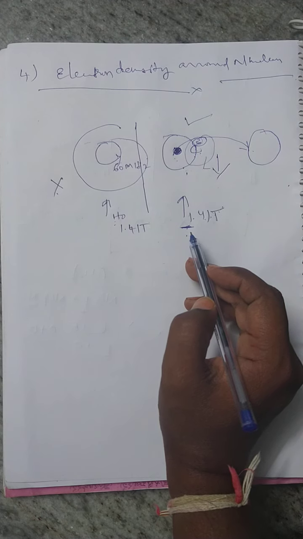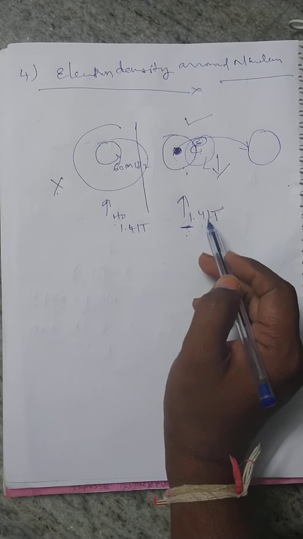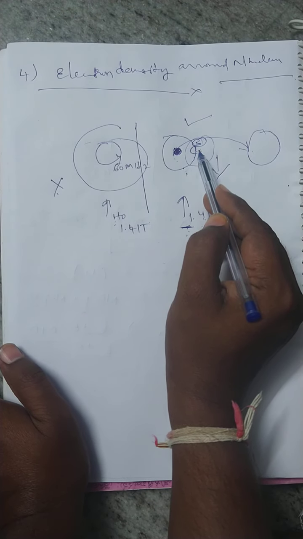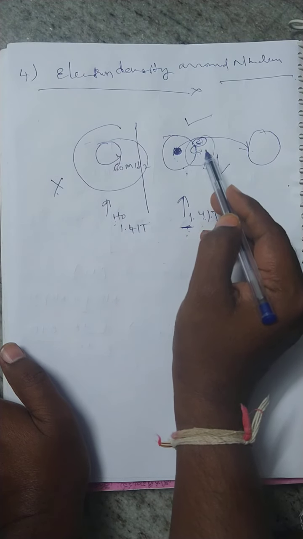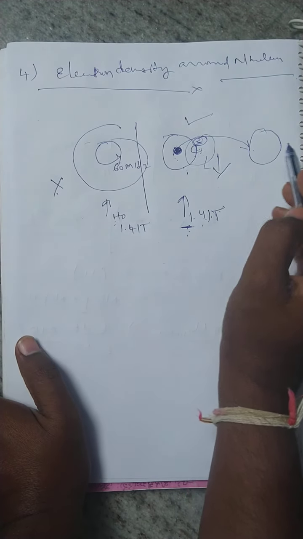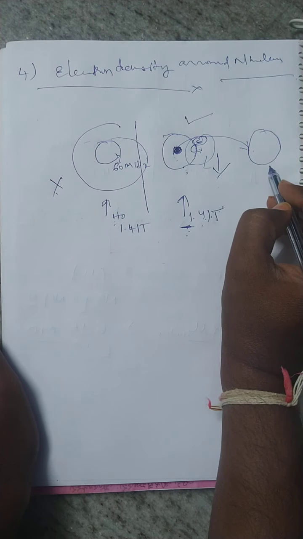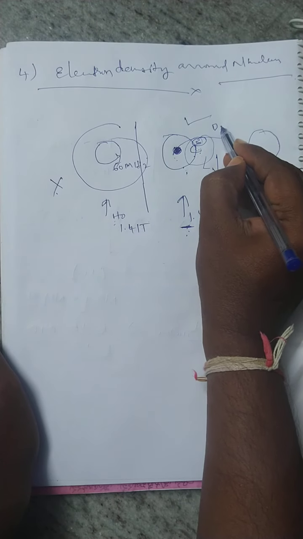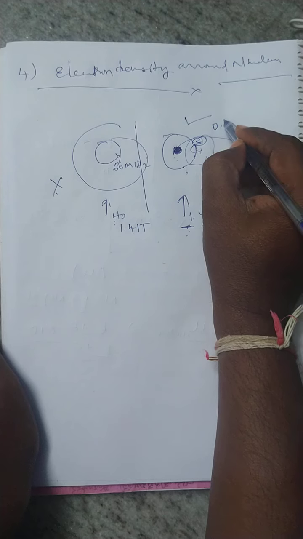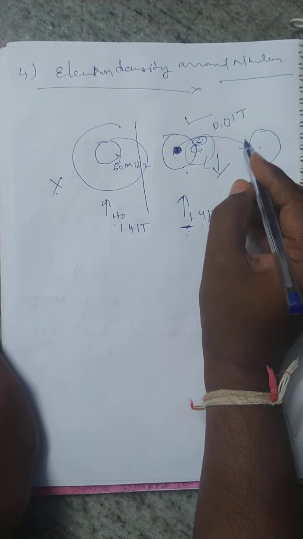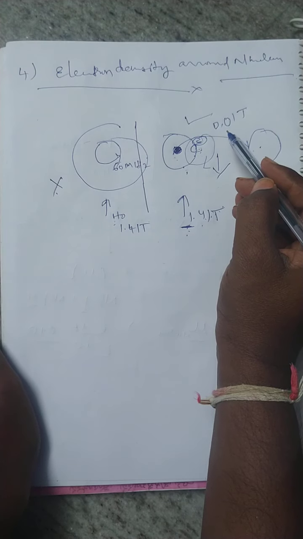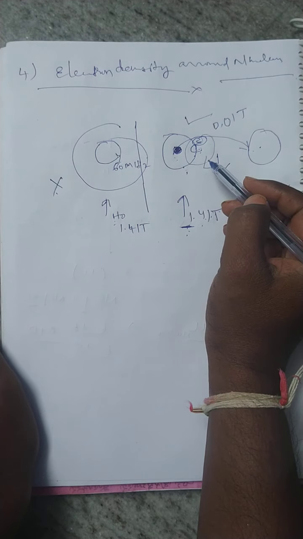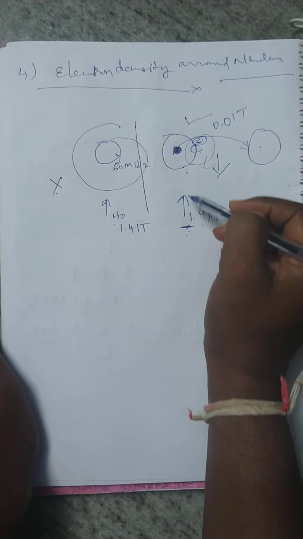Let us suppose we are applying 1.41 Tesla, and here is the electron, the charged species in motion or spin around the nucleus, and let us suppose, this is an arbitrary number, that this electron motion will create 0.01 Tesla of magnetic field. But the direction of this electron's magnetic moment is quite opposite to the applied magnetic field.